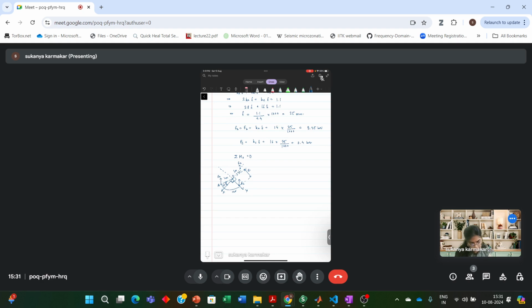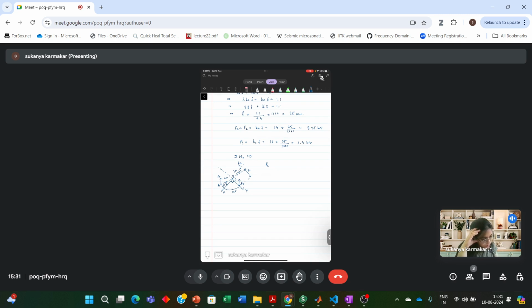Then finally, if you write the moment equilibrium equation about this point O, basically was trying to write it in the form of vectors.